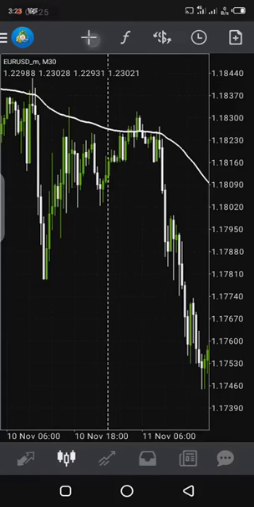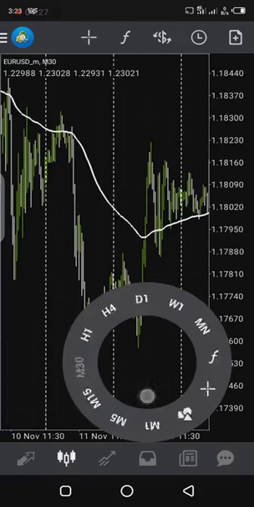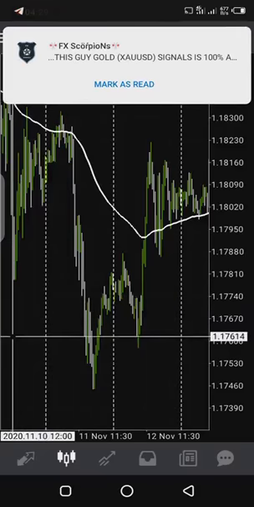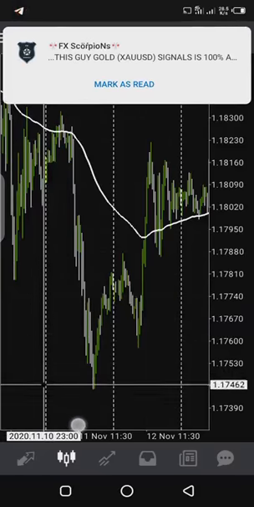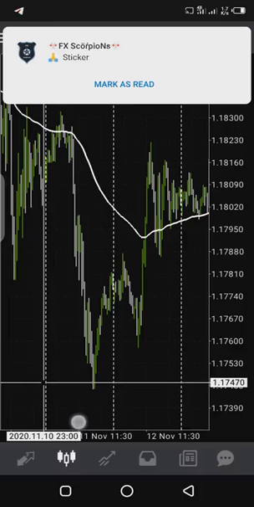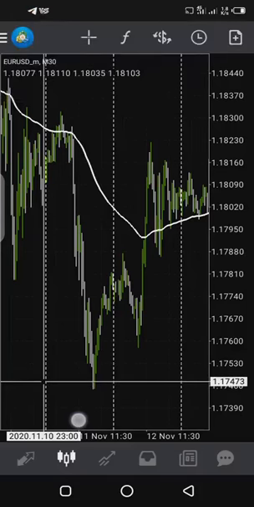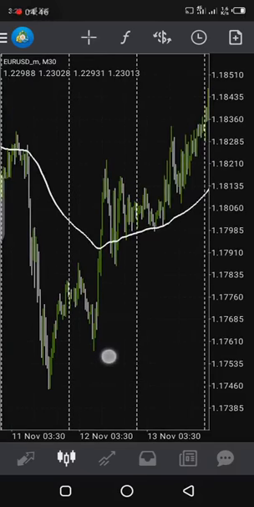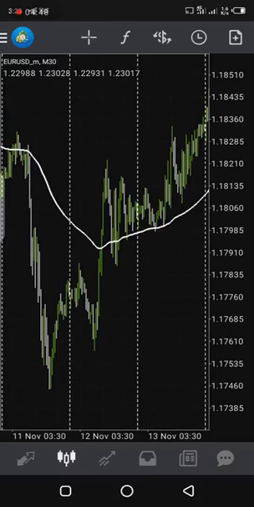Did it get up to that point? 17473. Wow, did you see that? That's a risk reward of 1:3 on just this single trade, and you risked only 20 pips.